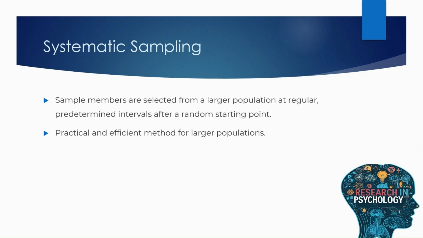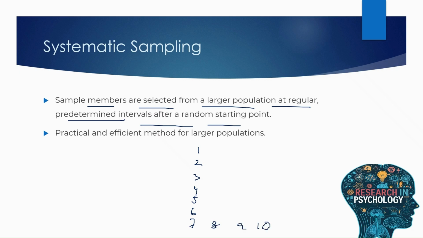Now finally we have systematic sampling. What is systematic sampling? Here the sample members are selected from a larger population at regular predetermined intervals after a random starting point. Which means if I have 1, 2, 3, 4, 5, 6, 7, 8, 9, 10, this is a simple example. I choose a random starting point, maybe 3.